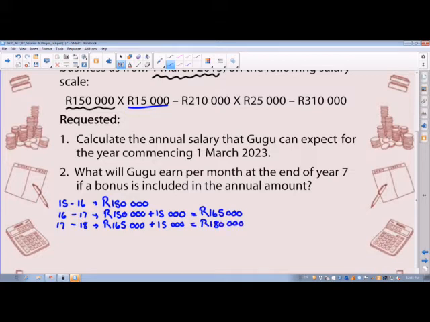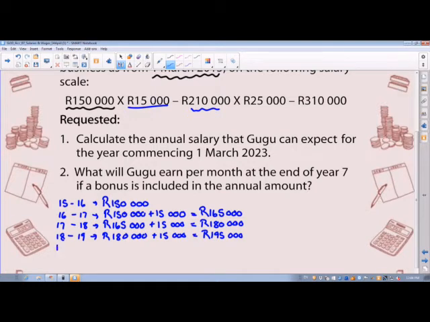So in the fourth year, which is the year 2018 to 2019, the last salary was 180,000, and now it needs to go up again with 15,000. So therefore, Gugu will earn during this year 195,000. Still not reached the notch, actually that's the notch, eh?